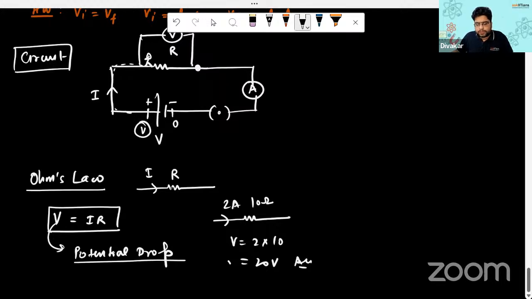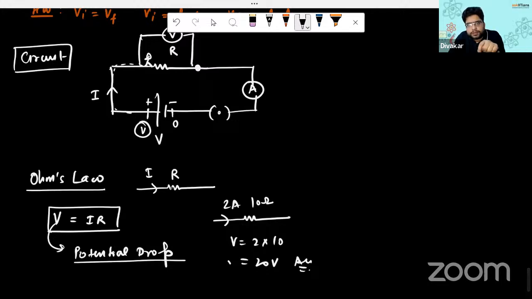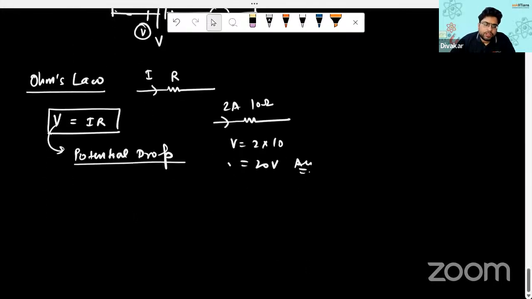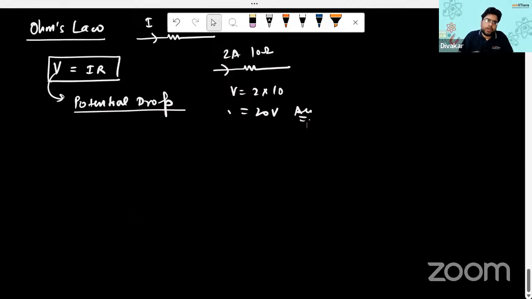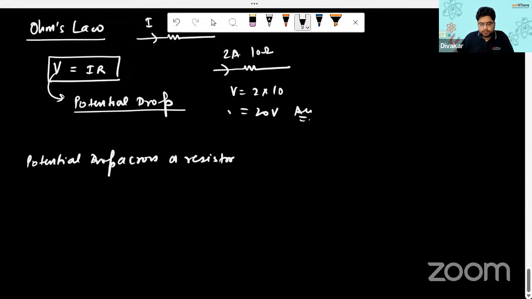So Ohm's law tells us how much will be the drop in any given resistor if the current is I. Actually, the law is not explained in this way. How it's written in your textbook is: potential drop across a resistor will be directly proportional to current.